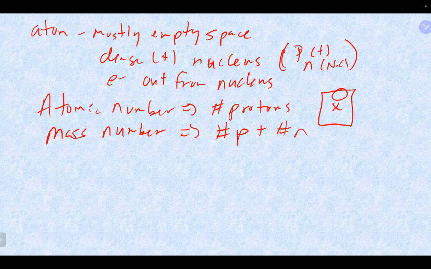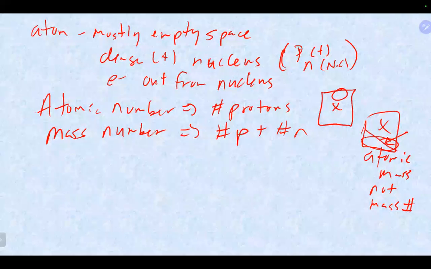It is also important to note, as we talked about in that lecture, that you do not find the mass number on the periodic table. The bottom number is the atomic mass, not the mass number.